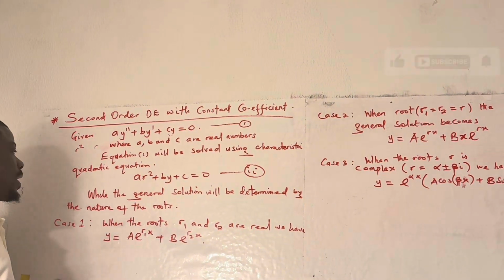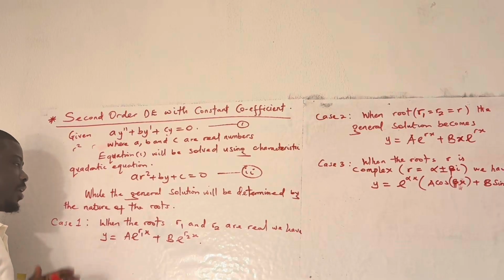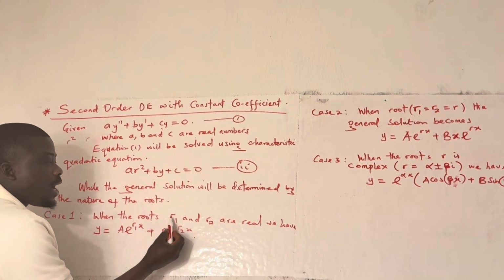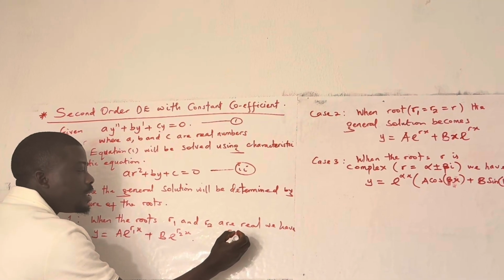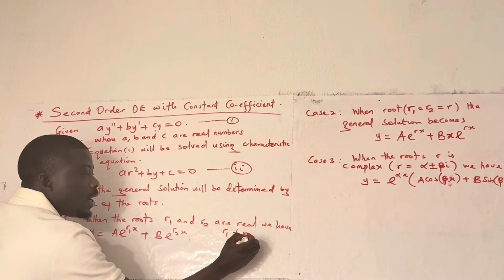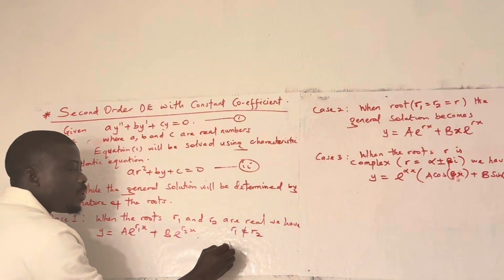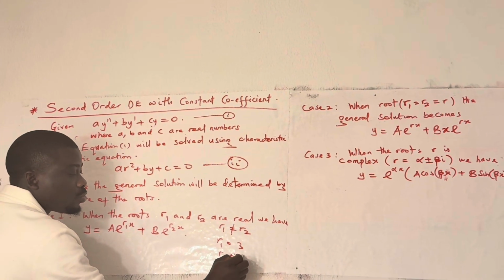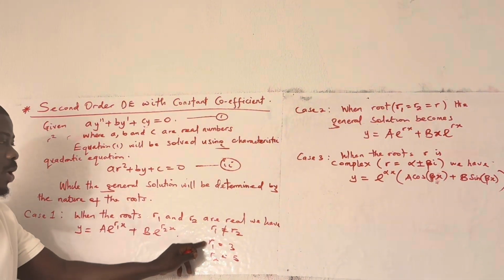Case 1 is when the roots R1 and R2 are real, meaning R1 is not equal to R2. For instance, if you solve a quadratic equation whereby your R1 is equal to 3 and your R2 equals maybe 5 or 2 or any number. So when you have this, R1 is not equal to R2.